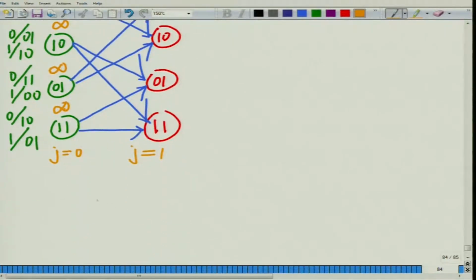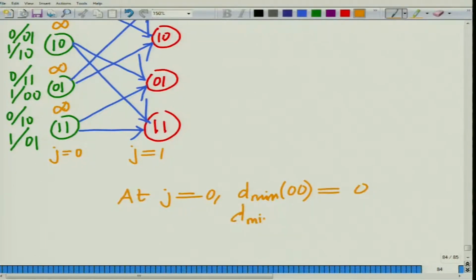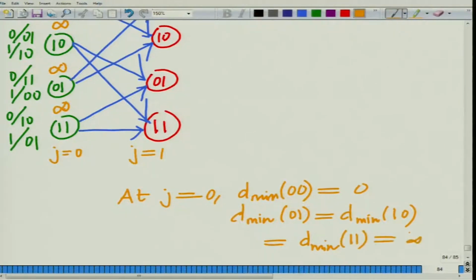So this is an important point: at j equal to 0, d min of the state 0 0 equals 0, and d min of 0 1 equals d min of 1 0 equals d min of 1 1 equals infinity, just to show that we do not begin with any of these states. We begin at the state 0 0.